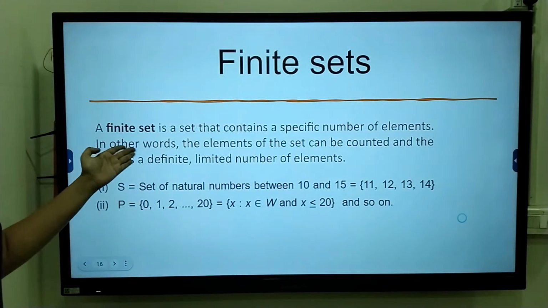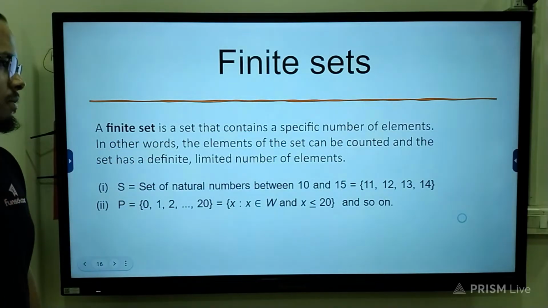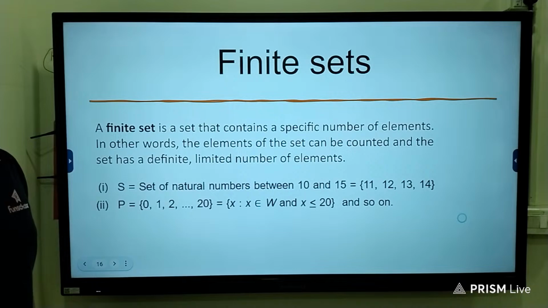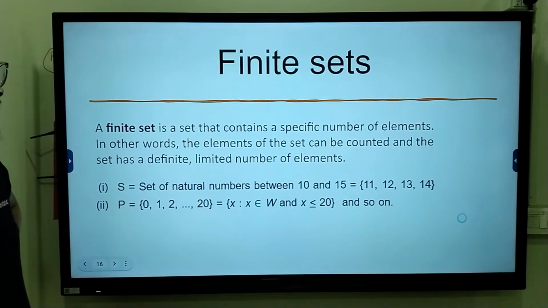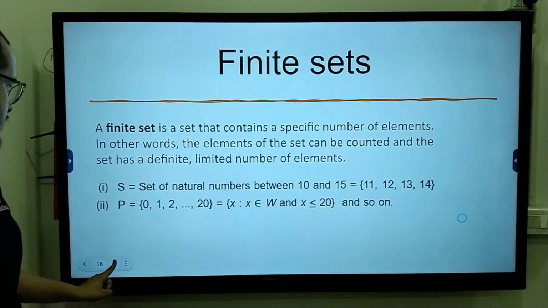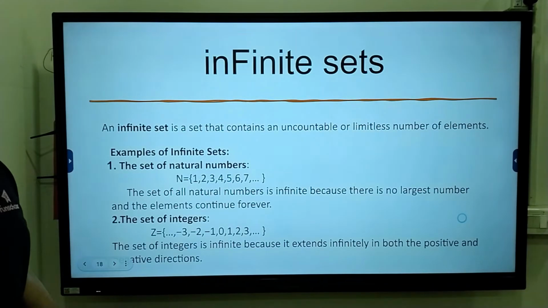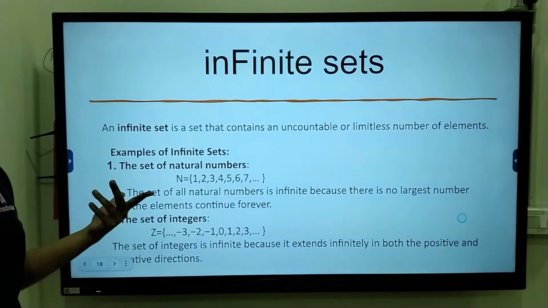Okay, so a finite set is a set that contains a specific number of elements. In other words, the elements of the set can be counted, and the set has a definite, limited number of elements. Already explained this to you. Next, infinite set, something that cannot be counted. If I write the natural numbers, it can start from 1 and end at positive infinity.